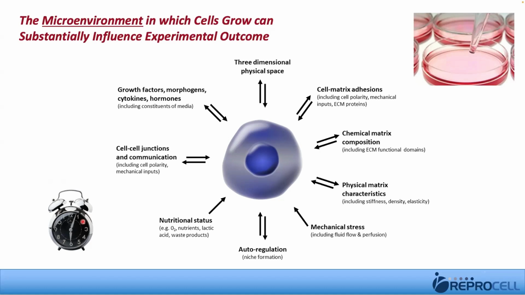So the cell on the slide is affected by lots of different factors, as you can see, surrounding it, including the makeup of the medium, physical factors, oxygen tension, three-dimensional space, and interactions with other cells, etc. And all this takes place over time. So that environment we can control, but also it can, as I say, affect the cell's behavior.